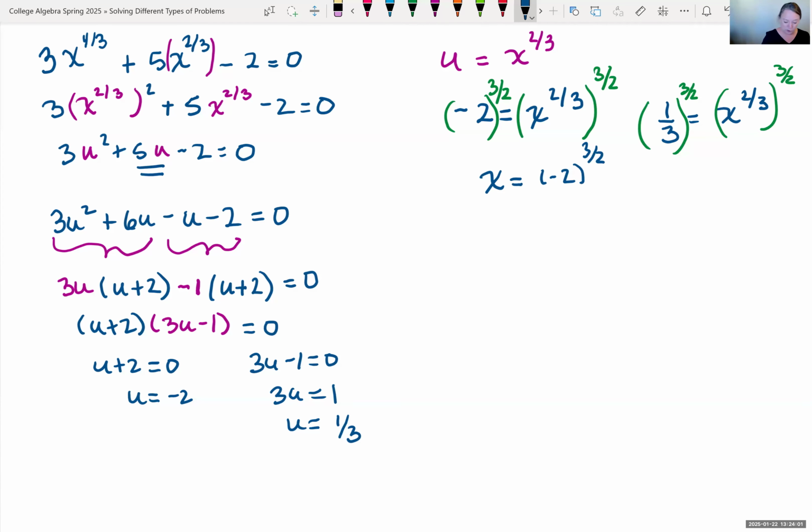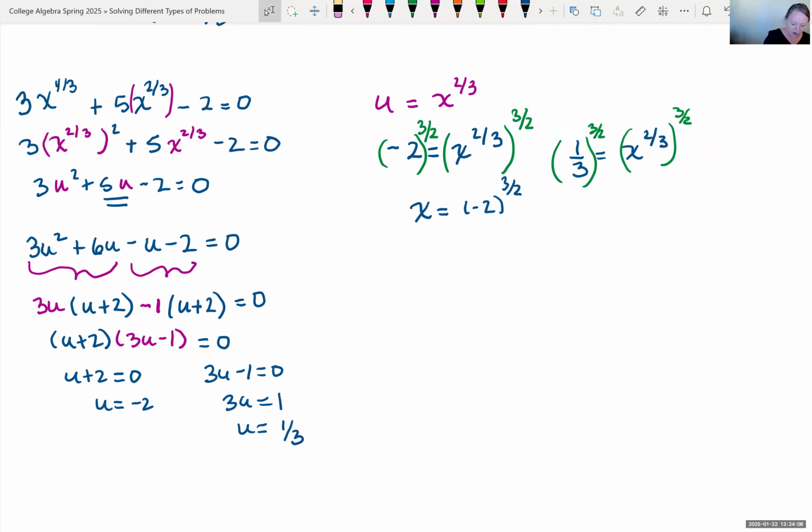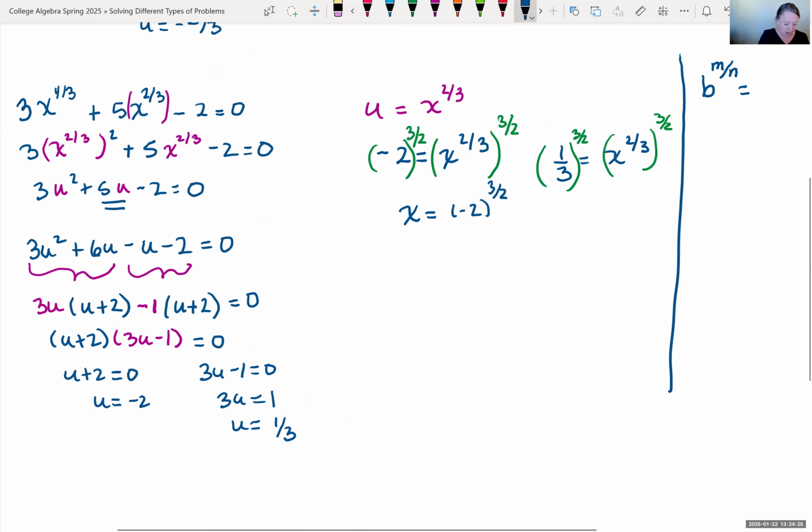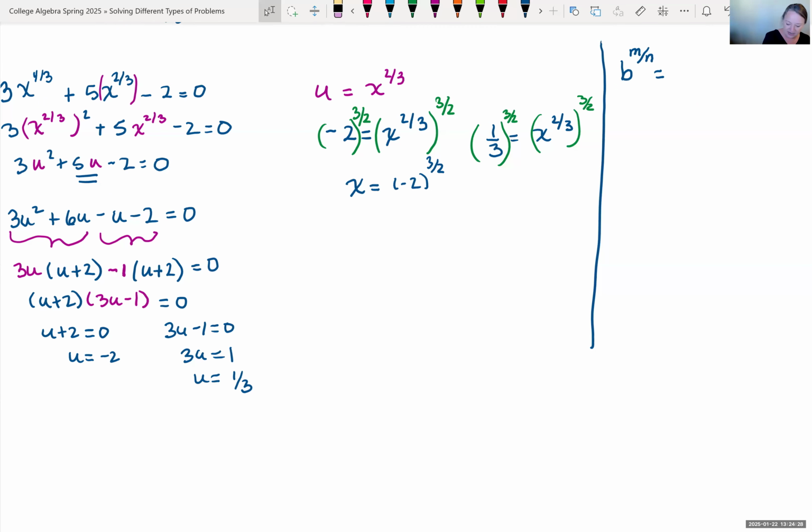Okay, so some more rules on exponents that you may or may not remember. Recall if you have a rational exponent, it could be rewritten as a radical or vice versa. So if we had b raised to the m divided by n power, the denominator of that rational exponent is what root you're taking. So we're taking the nth root of b raised to the mth power, whatever that numerator is.